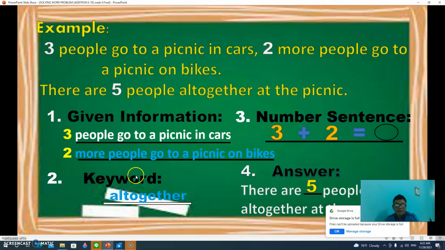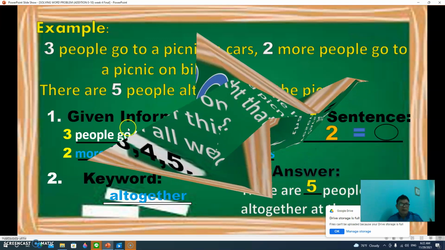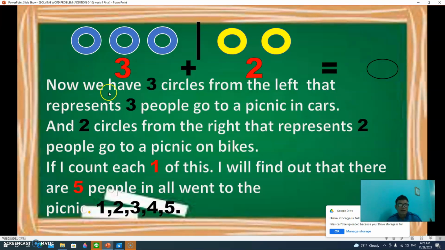Now we have 3 circles from the left that represent 3 people go to a picnic in car, and 2 circles from the right that represent 2 people go to a picnic on bike.